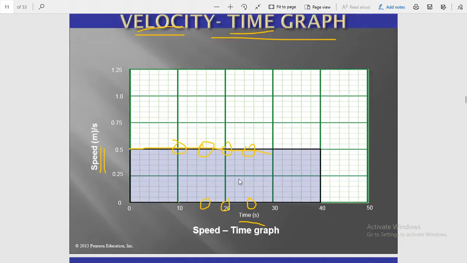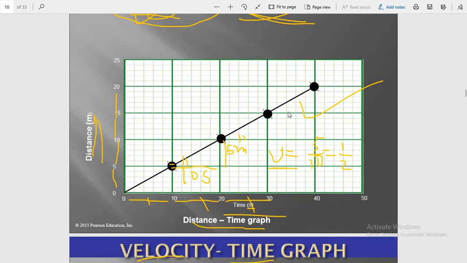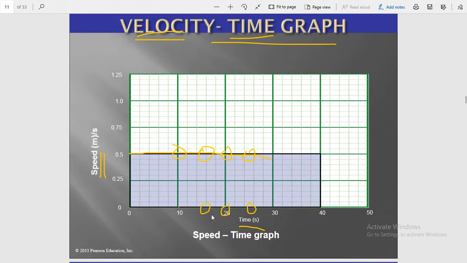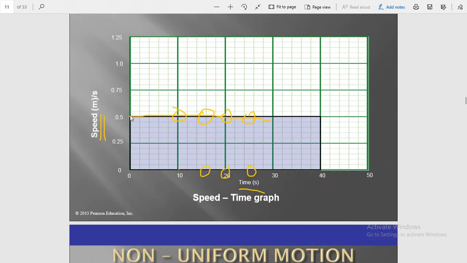So I hope you understand the difference between these two graphs. Students, these two graphs are very interesting, very important. You can see the slope of the distance or displacement time graph gives the velocity or speed of the moving object. Point to be noted. Note this point. Okay, the slope of the distance time or displacement time graph gives the velocity or speed of the object, whereas if a motion is uniform, the velocity or speed of the object throughout the motion remains constant.